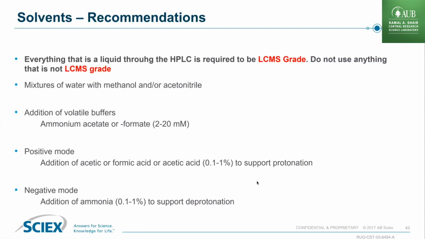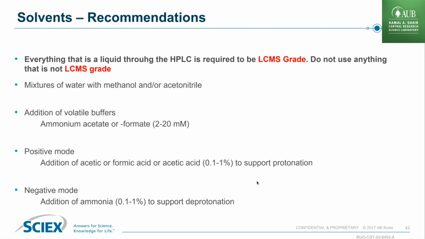Now, ammonia is a gas, right? So you buy it as an ammonia solution, and I think you can buy something like 27% or 28%. They sell it for LCMS, and then you dilute it down to 0.1%. Most common would be ammonium formate at 2 millimolar and formic acid at 0.1%. If you use that, that's a very good start.